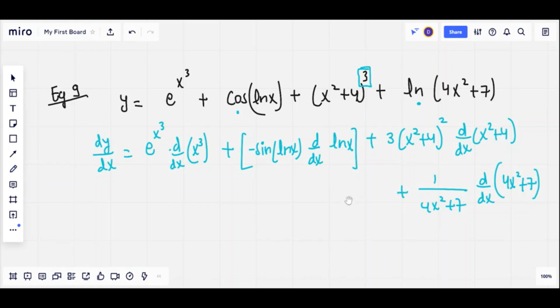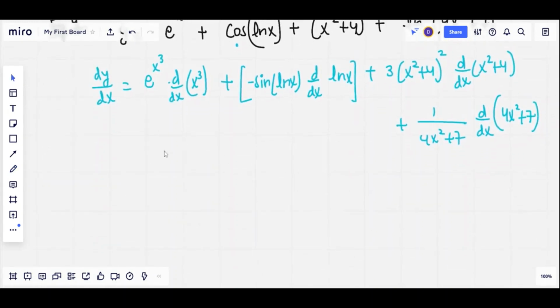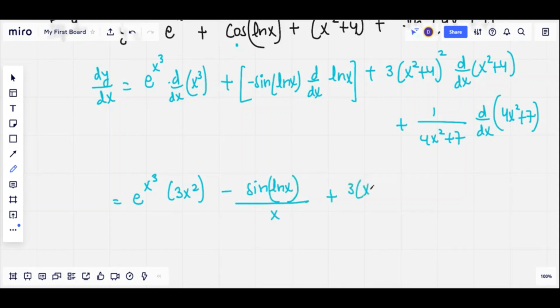Now let's differentiate this further. So from here, this term remains as it is. Differentiation of x cube is 3x square. Here we have a negative sign, ln x remains as it is. Differentiation of ln x is 1 over x, plus 3 times x square plus 4 whole square.